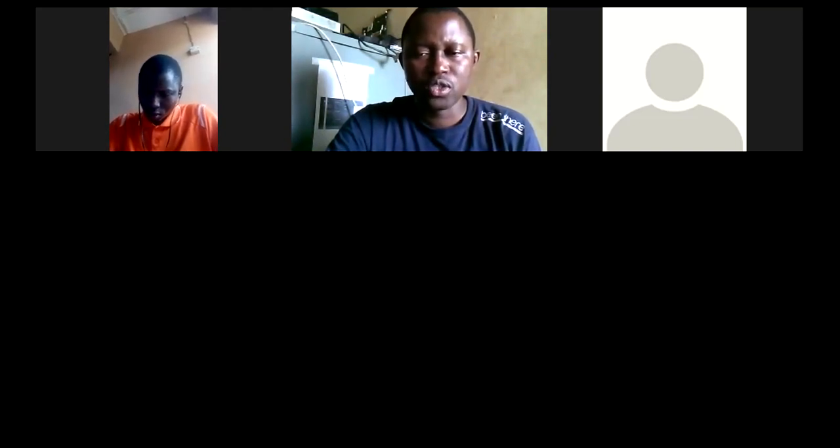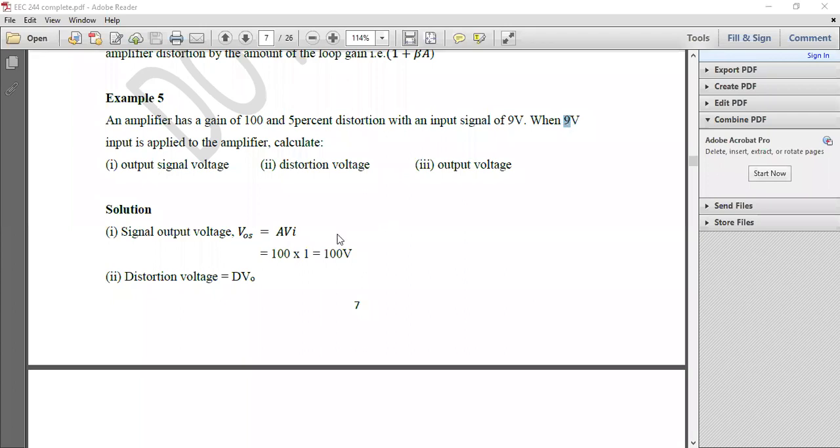That is what we should have as the answer. But if you look at the value given in the question, you could not get 100 if you use the 9 volts given in the question. This one is correct, but that 9 is wrong.